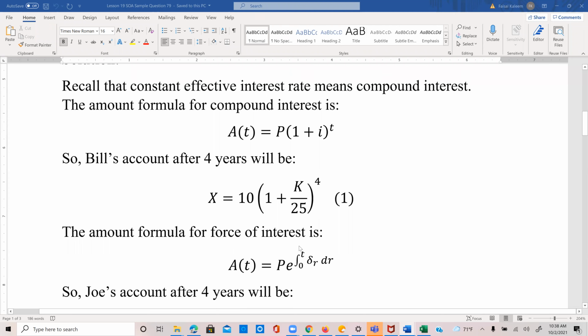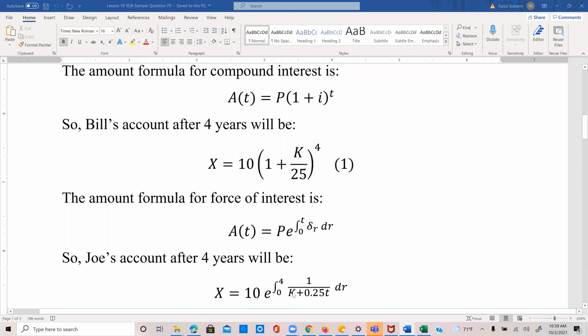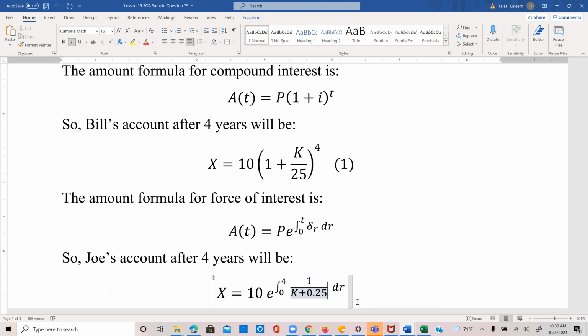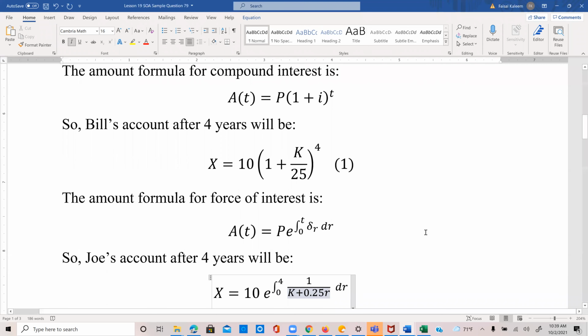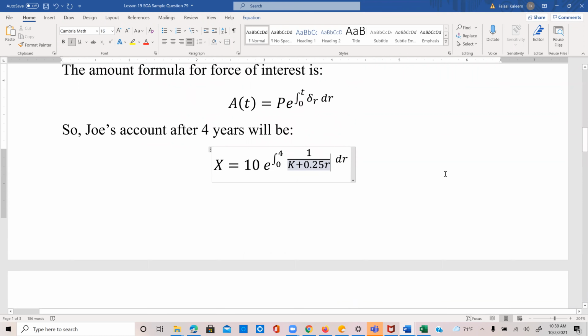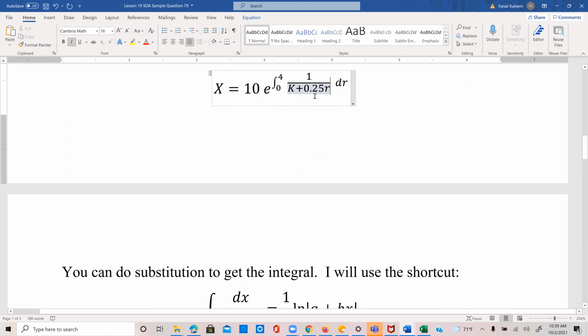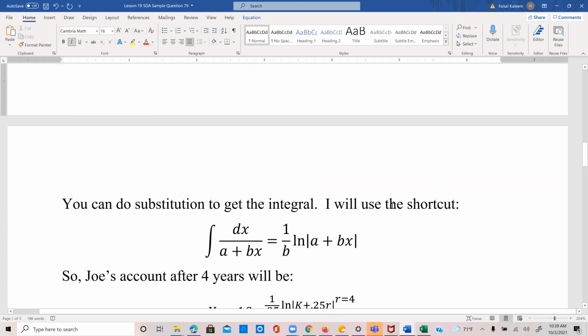And now for force of interest, we know that the amount formula is P times the integral from 0 to T of delta R dr. And since the force of interest was 1 over K plus 0.25 T, if we have dr, we should write R here. Zero to 4.